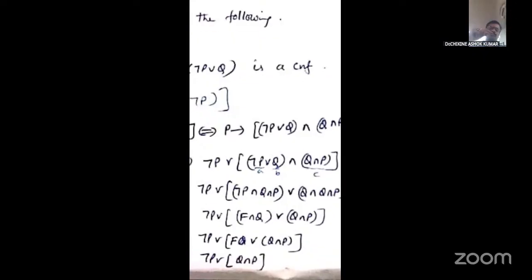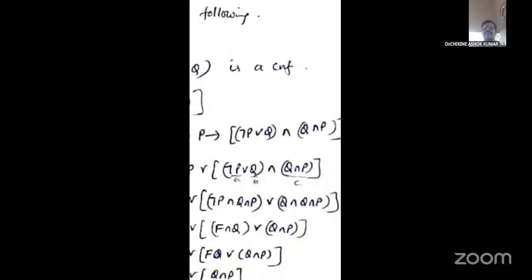Next, again apply the same principle, the P implies Q principle. But in the place of P, we have P itself, and in the place of Q, assume this entire statement is Q, that is negation P union Q intersection Q intersection P. So first I am going to apply the P implies Q formula.